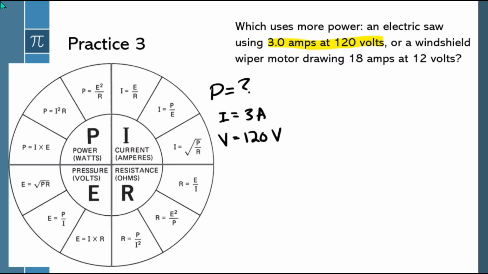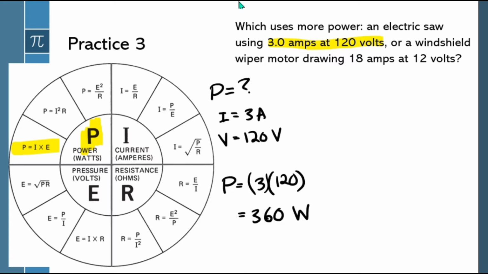So we're going to do power, and we're going to look for the one that relates current and voltage. That's right here. There's our formula. Power is equal to the current, 3 amps, multiplied by the voltage. We're going to get 360, and the unit will be watts.